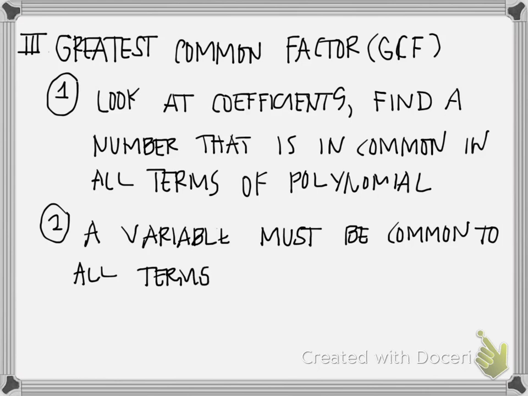So if there is a variable common, it's going to be the variable with the smallest exponent.